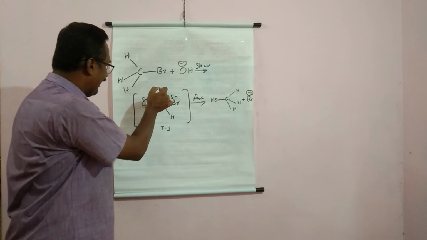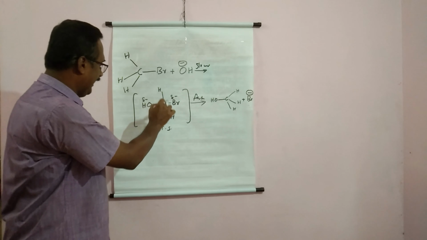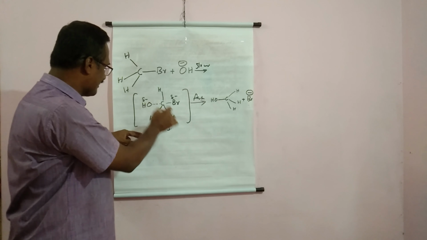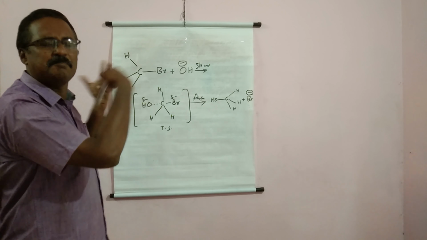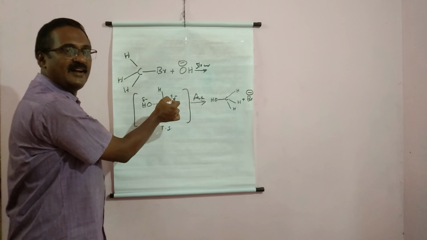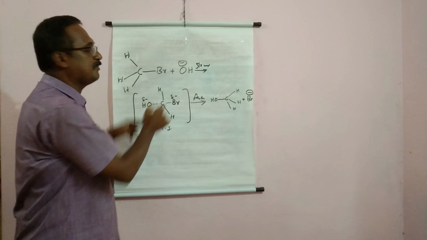Then the three hydrogen atoms and the carbon atom lie in a plane, making the bond angle 120 degrees. The three C-H bonds are like the spokes of a wheel, and the C-OH and C-Br bonds are along the axis. They are as far apart from each other as possible.